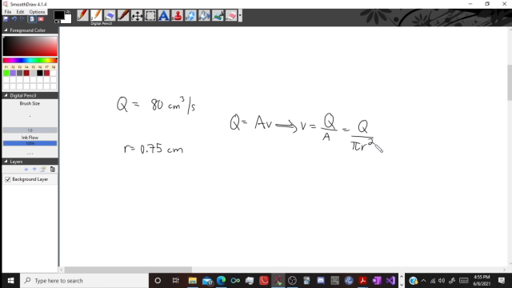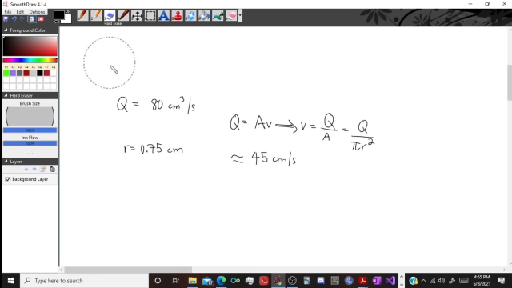And r is 0.75. If we plug this in, we get about 45 centimeters per second. So that's the average speed of the blood, and that is an application of flow rate to real life.